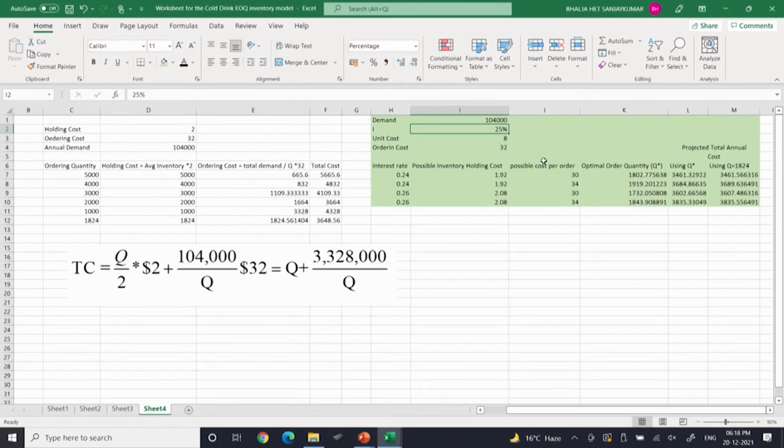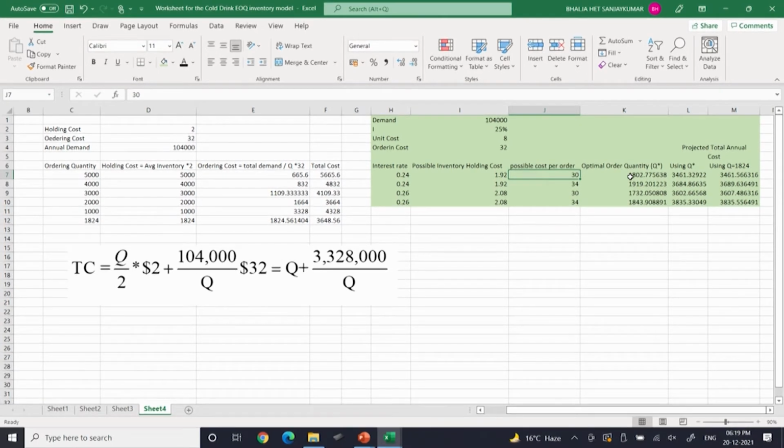If I keep the cursor on I7, you see the holding cost is $1.92, previously it was $2, it is decreasing. And instead of ordering cost 32, I change it to 30. Now I am going to substitute in that formula.